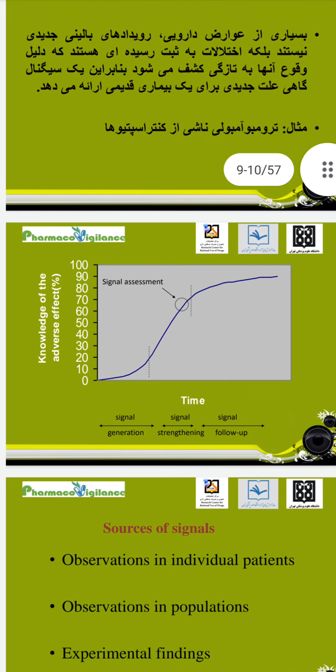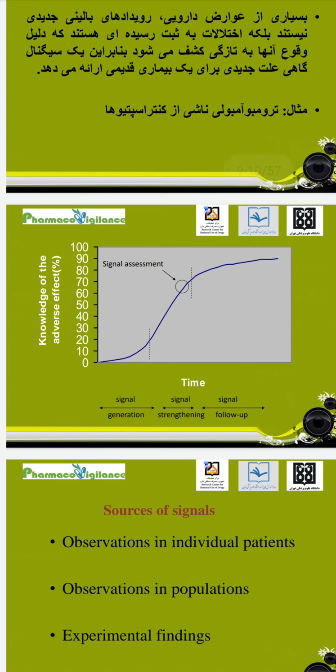Okay, now we should go to this graph, what it wants to show us. This is the knowledge of the adverse effects in percentage from 0 to 100 percent, and we have time: signal generation, signal strengthening, and signal follow-up. When we generate a signal, we don't have a lot of knowledge.